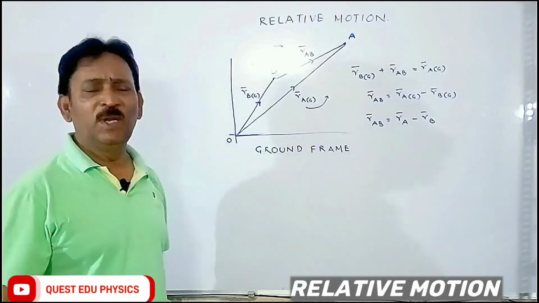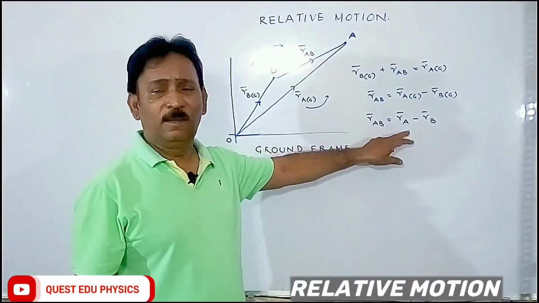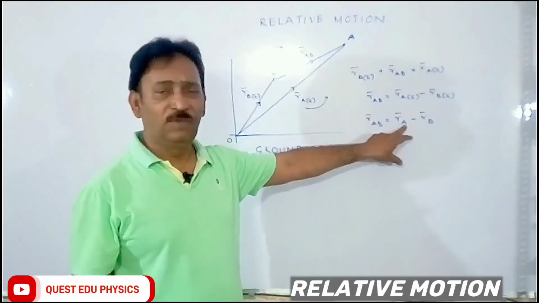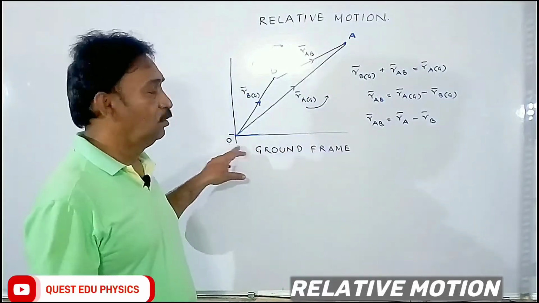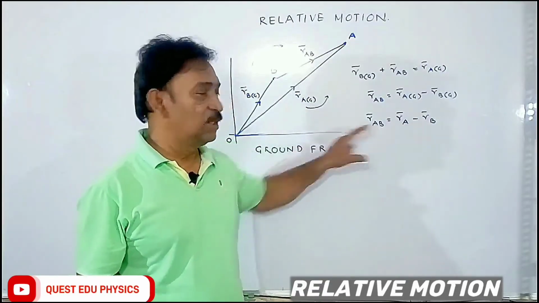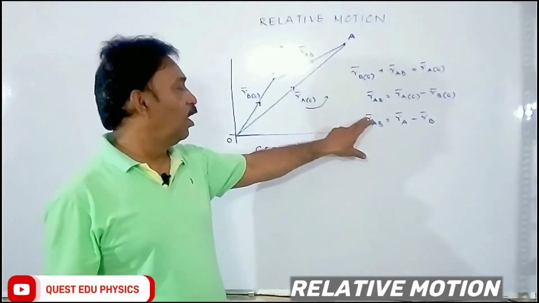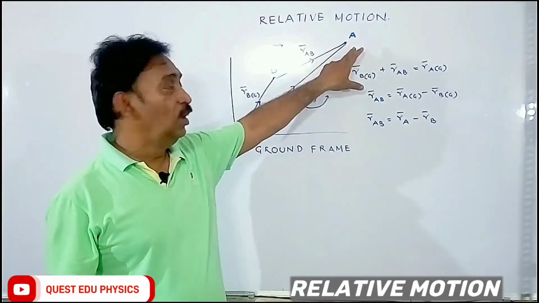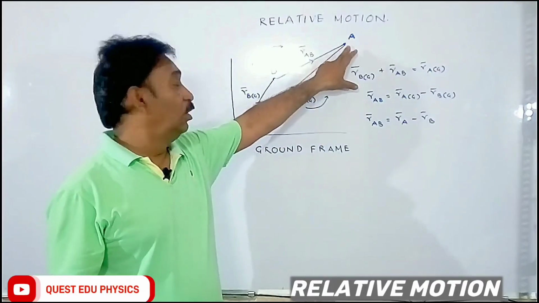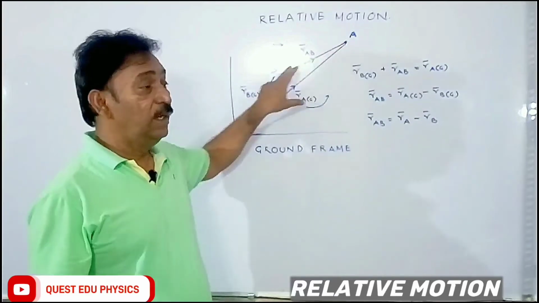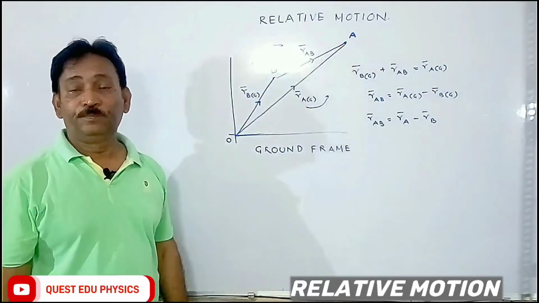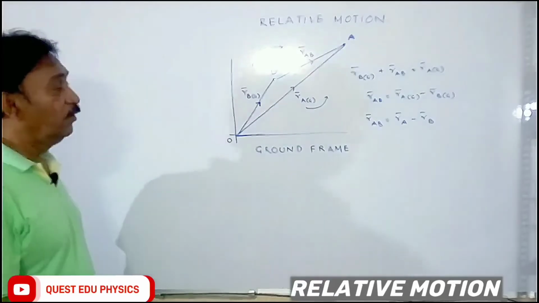G is invisibly there. It is showing the position of the A with respect to ground, position of the B with respect to the ground, but here R bar AB is equal to relative position of the A with respect to B.